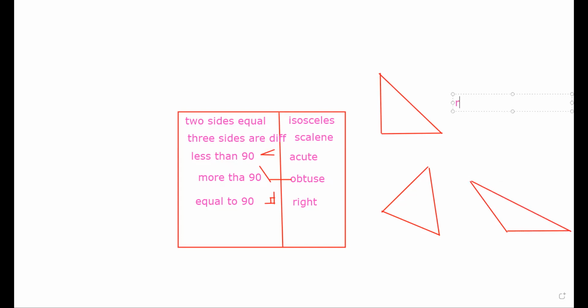This is the right triangle. This is the acute triangle. And this is called the obtuse. Okay? That's it. Do this, and when you have done it, you can leave, girls.